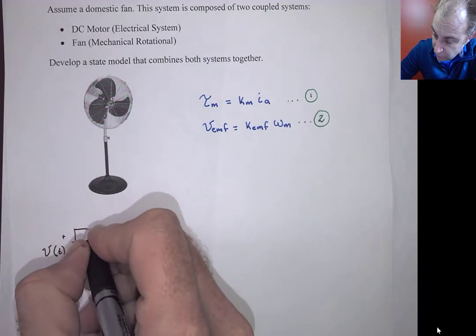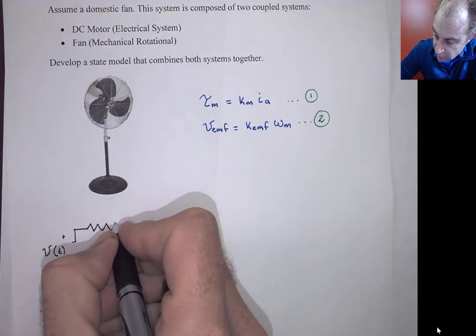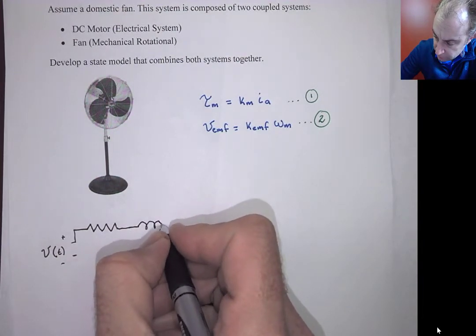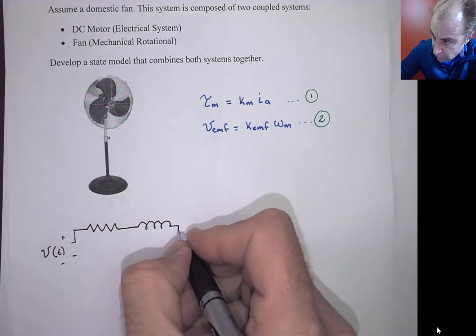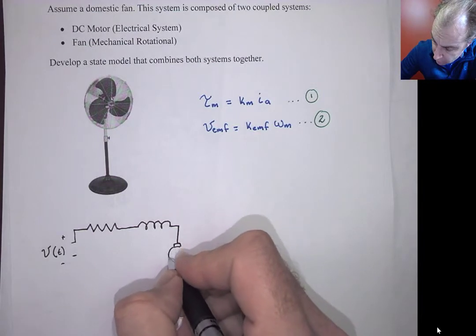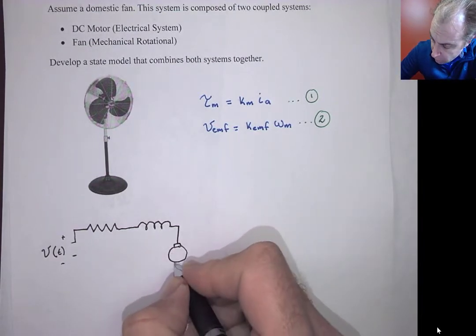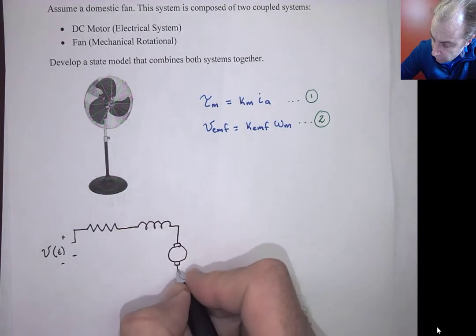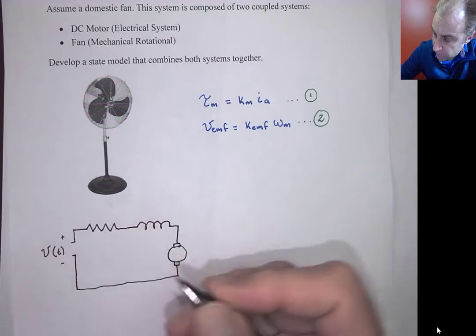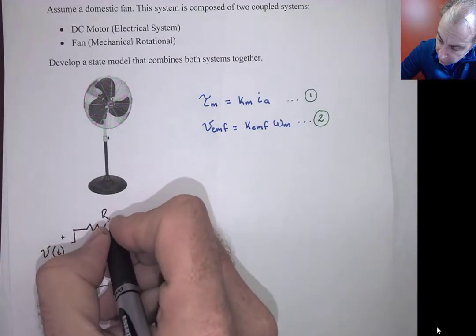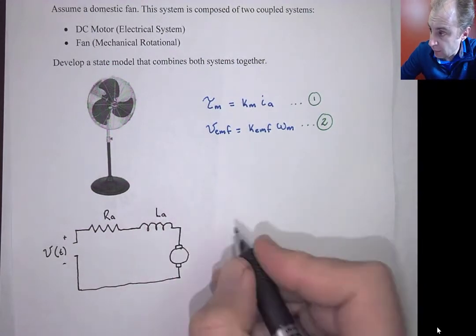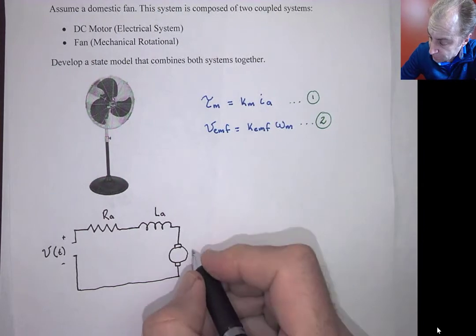We're going to go through a resistor, and then through an inductor, and then we're going to have the motor, and we're going to close the circuit. Okay, so we're going to define that RA. This is going to be our LA, the inductor.